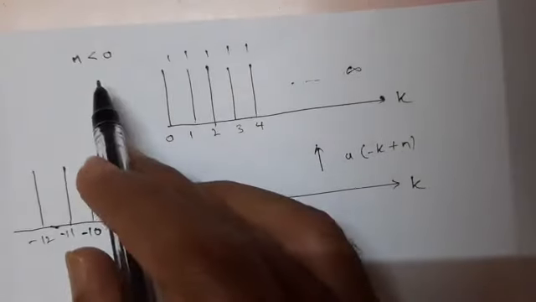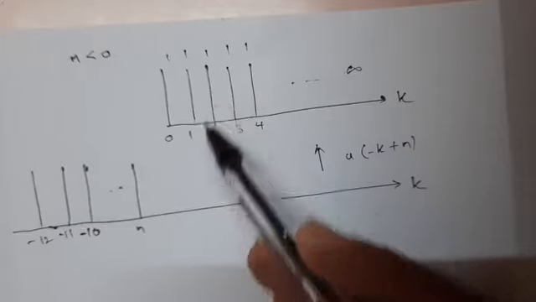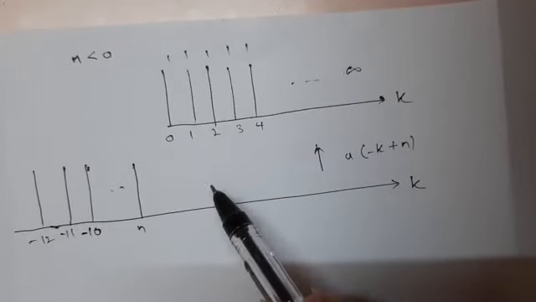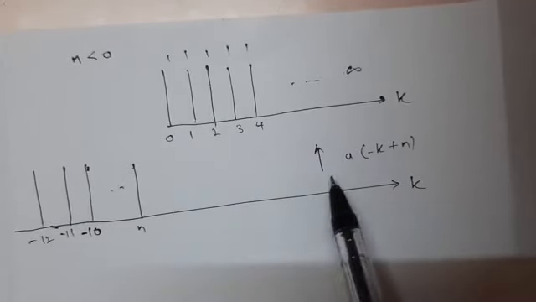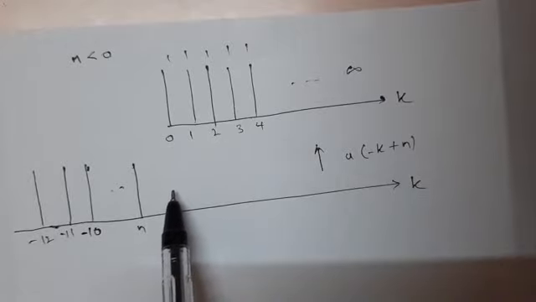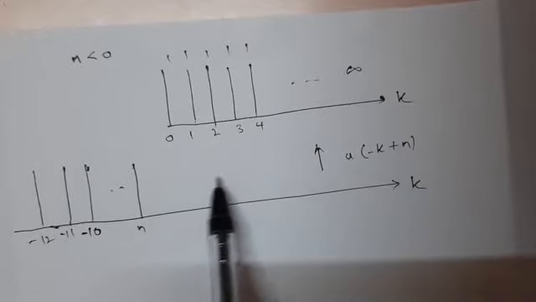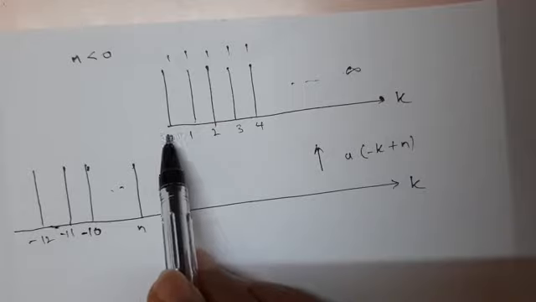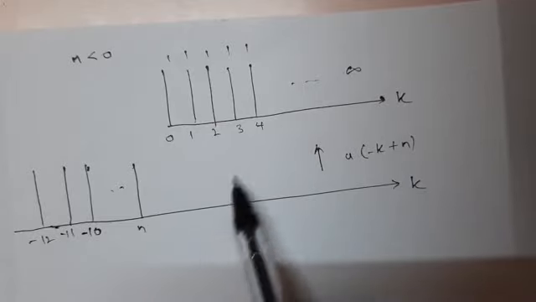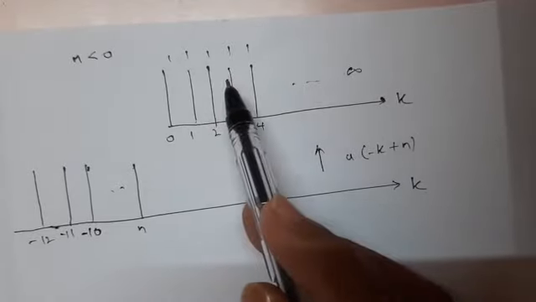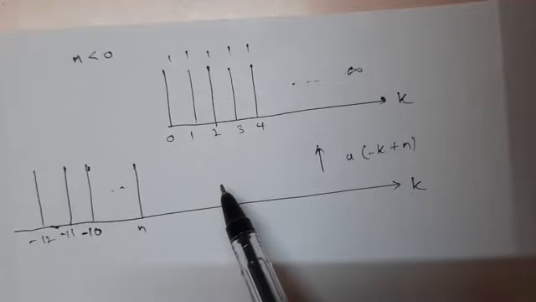Now when n is less than 0, check where the samples are getting overlapped. I don't have any samples of u of minus k plus n after n greater than 0, that is for k values 0, 1, 2, 3. I don't have any samples here. So if you multiply these samples with this, you get 0.